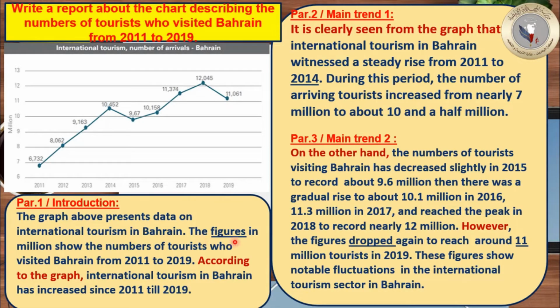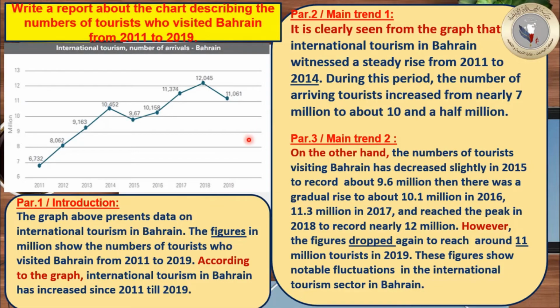The figures, figures mean numbers, in millions show the numbers of tourists who visited Bahrain from 2011 to 2019. According to the graph, international tourism in Bahrain has increased from 2011 to 2019.